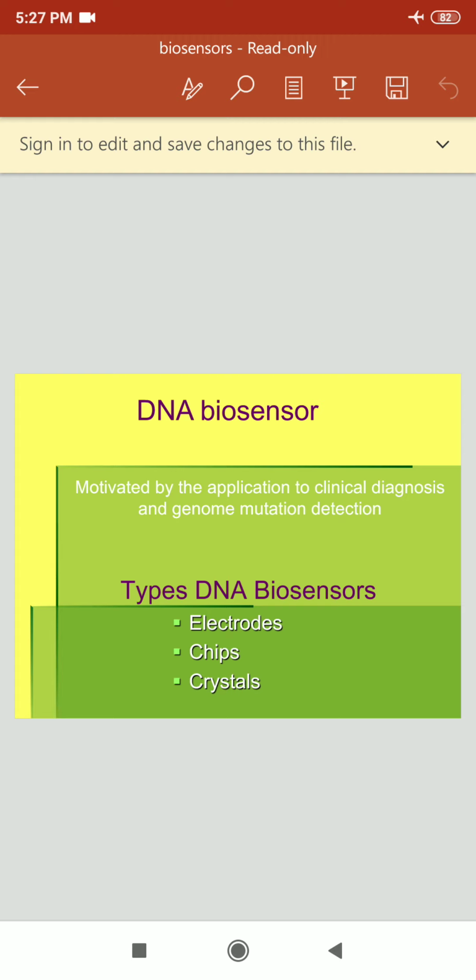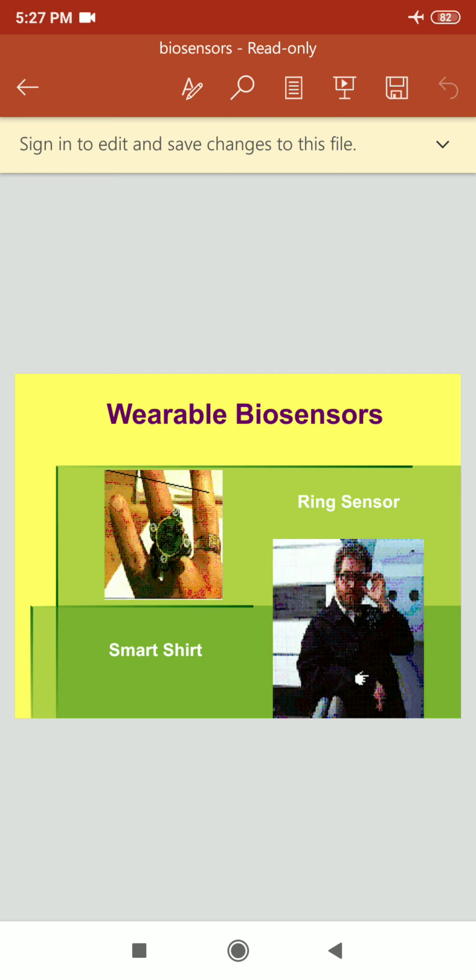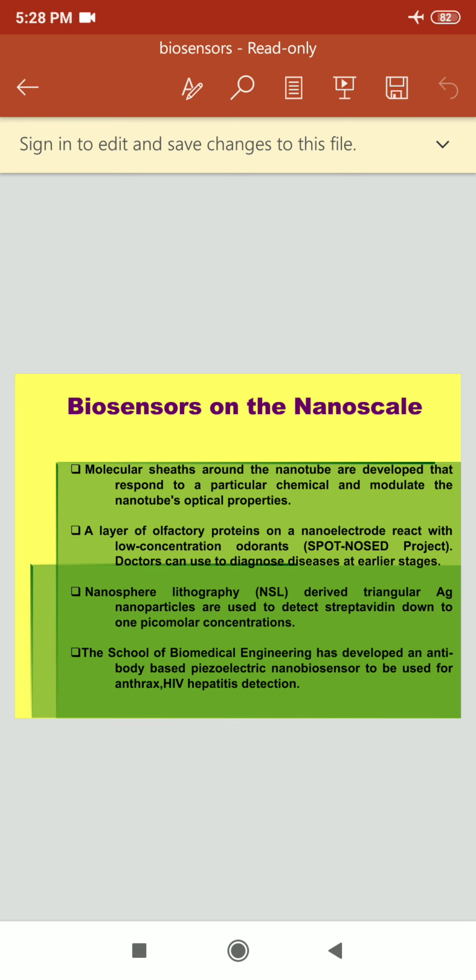DNA biosensor: application of this kind of biosensor is in the diagnosis process and mutation detection. Types of DNA biosensor are electrodes, chips, and crystals. Wearable biosensors: the smart shirt and ring sensor are wearable biosensors. At the nanoscale, it is also used.